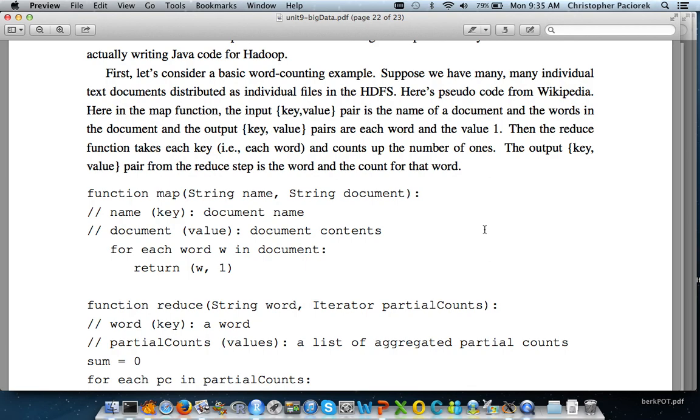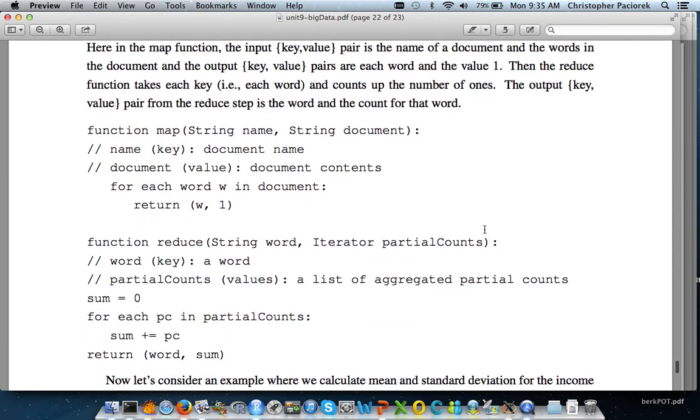You can imagine doing this in different ways, but one way is that every time you see a word, you spit out that word as the key and 1 as the value of the key value pair. So I now have tons and tons of these key value pairs floating around: the word identifier and this count of 1. And then in the reduce step, I'm going to go ahead and do the counting.